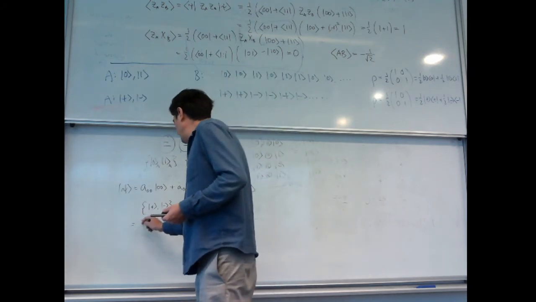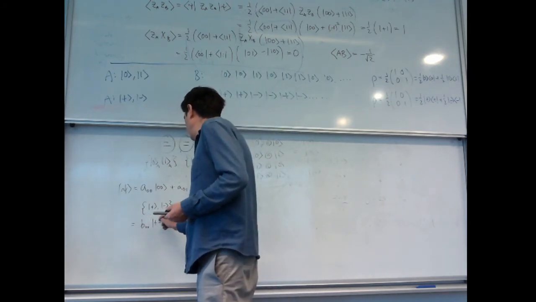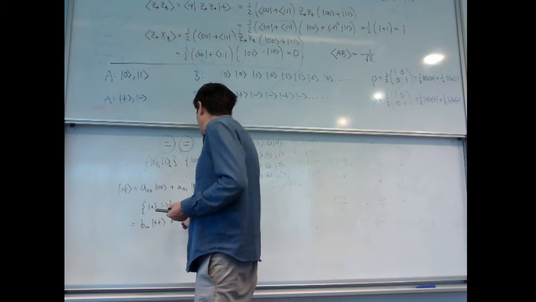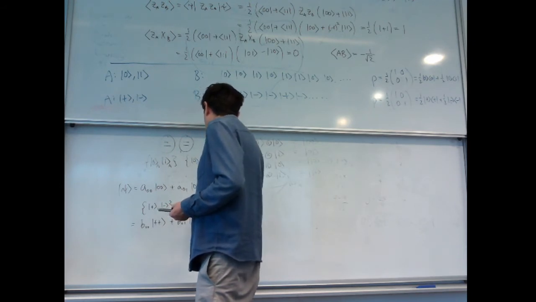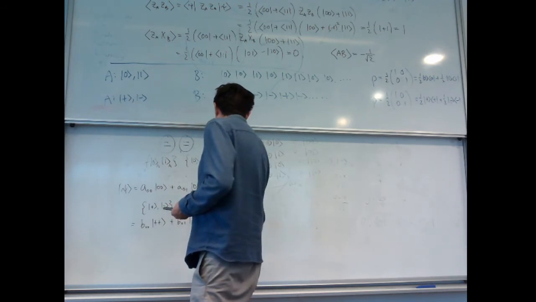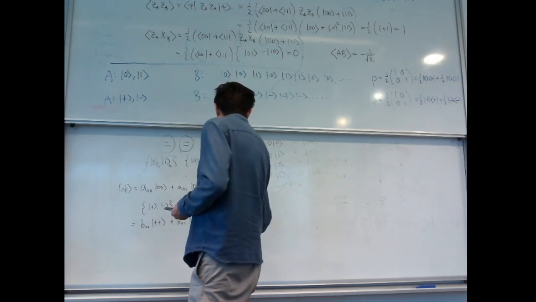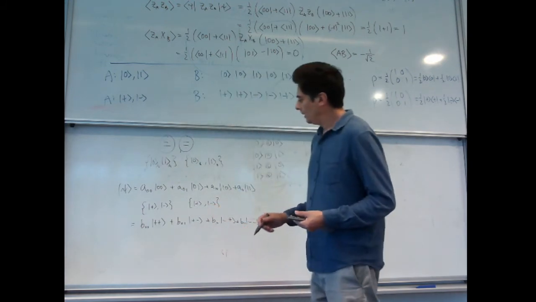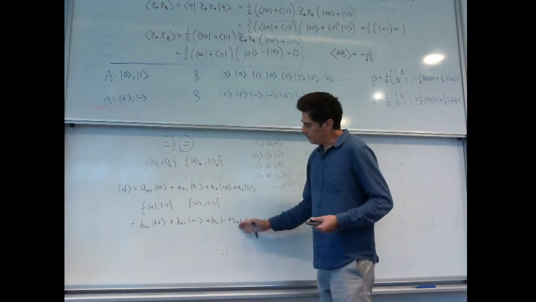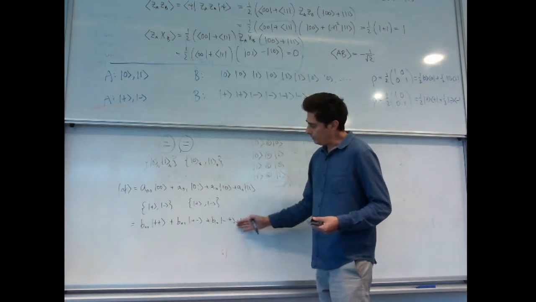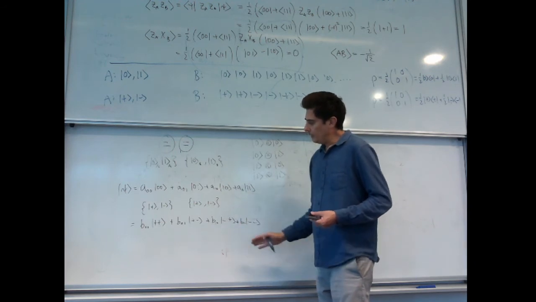In this case it would look different: plus plus, plus minus, minus plus, minus minus. So I could write that same 2-qubit wave function also like this.